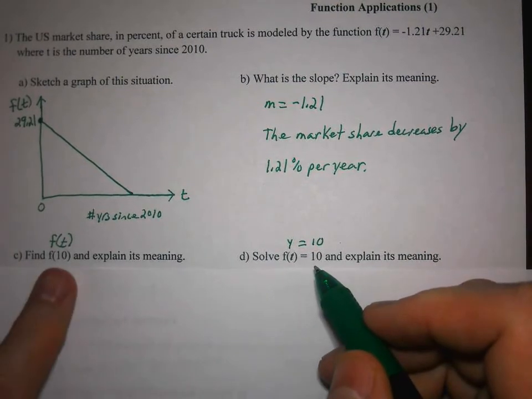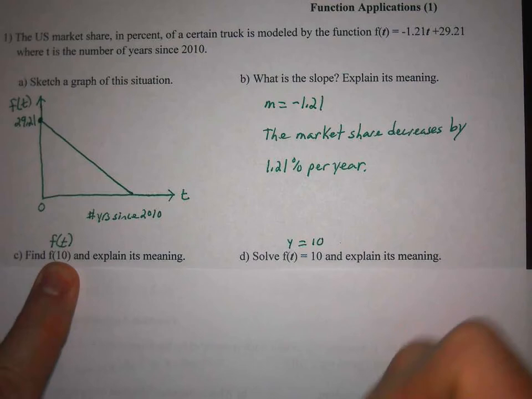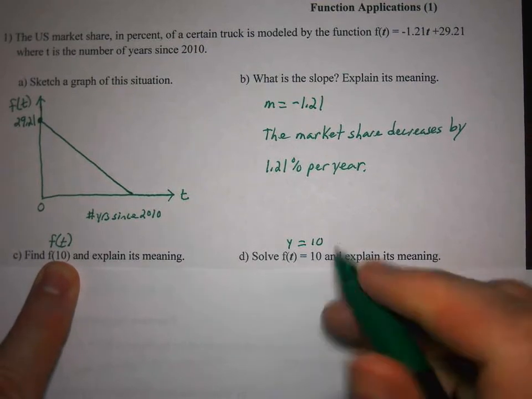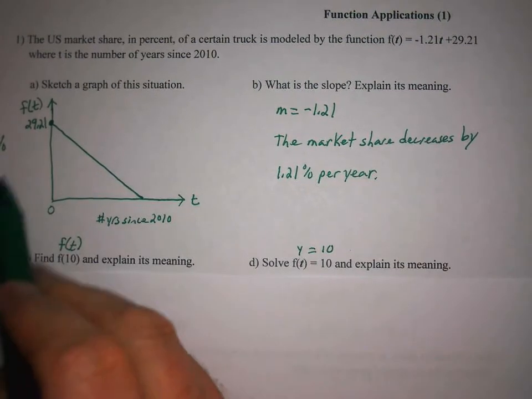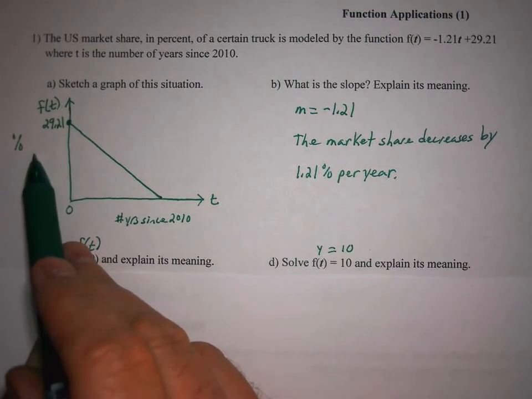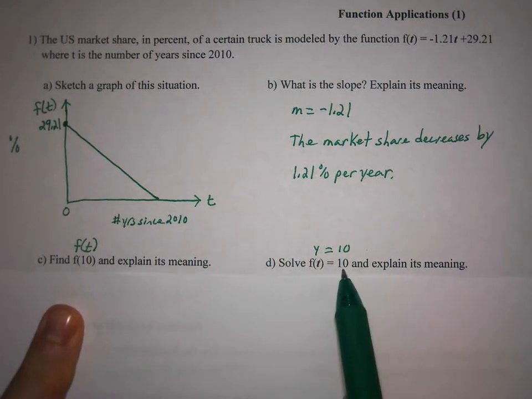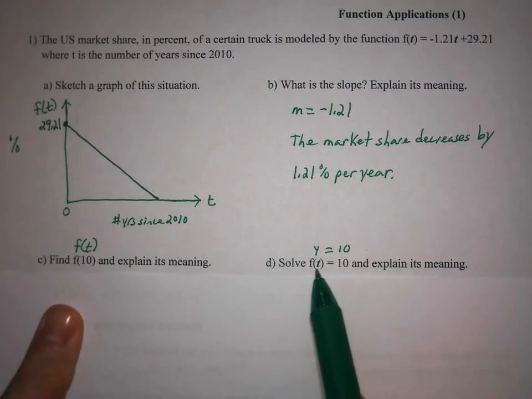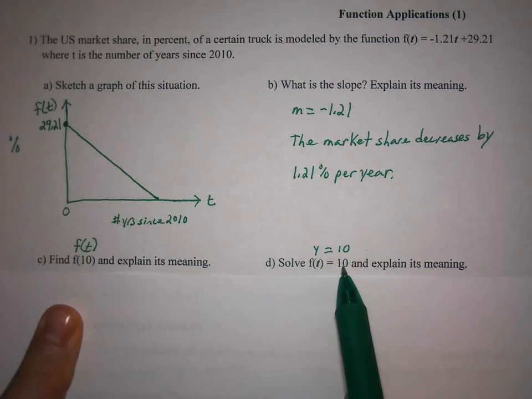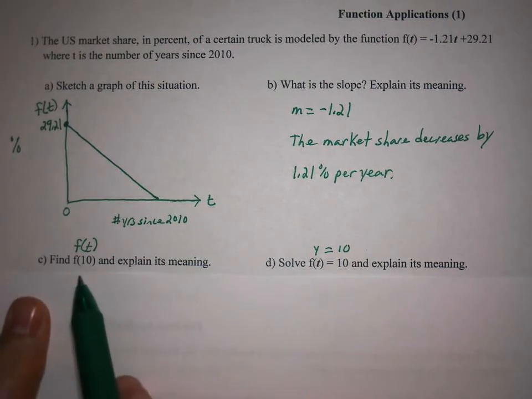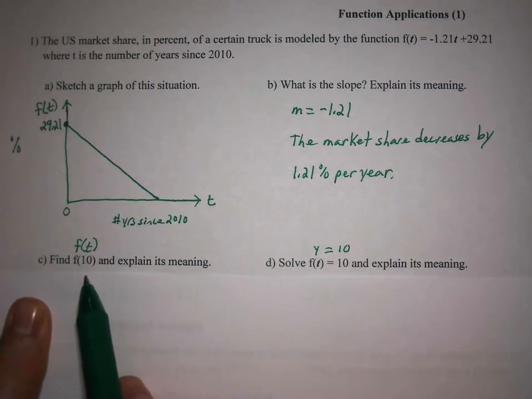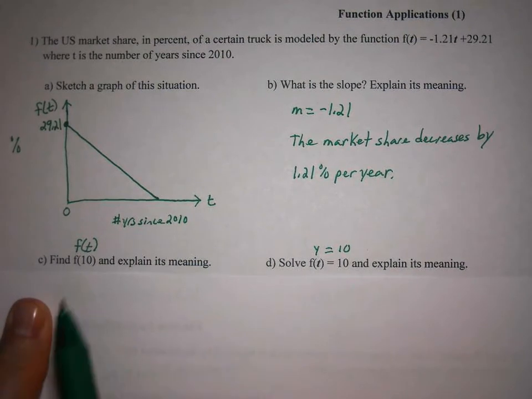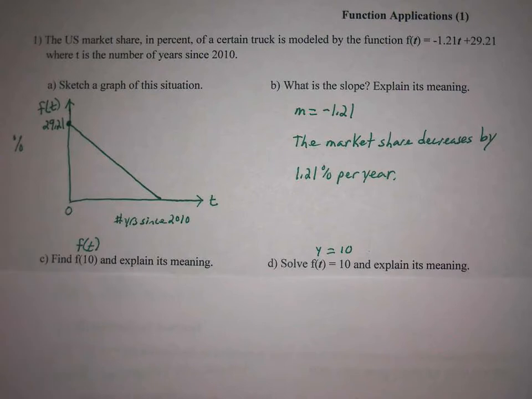So now instead of saying the t value is 10, which represents 10 years since 2010, we're saying the y value, or the output, is 10. Remember, the output is the market share in percent. So now we're asking what t value will give you 10% market share. In part C, they told you the t value was 10, so you need to find what the market share is in the year 2020. So that's the difference in those two equations.